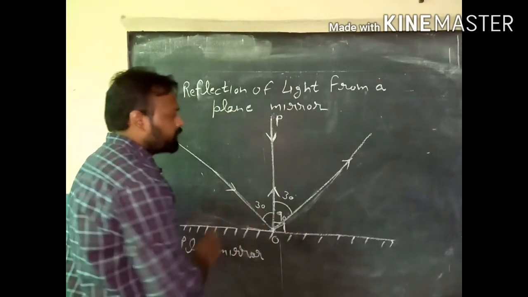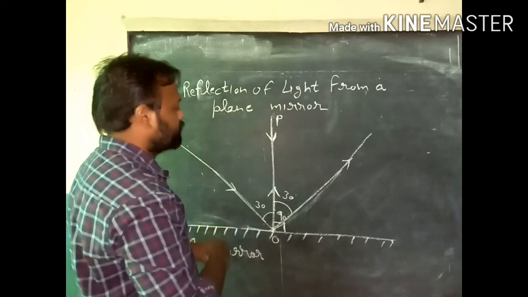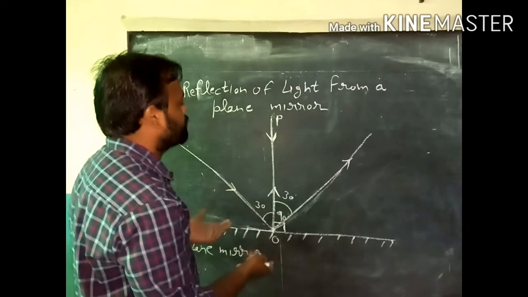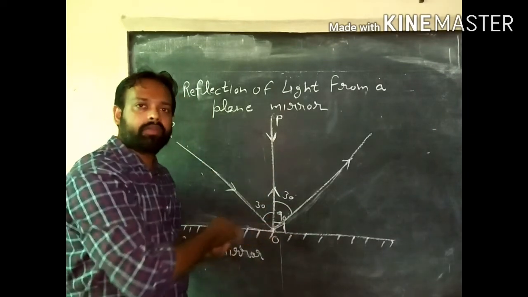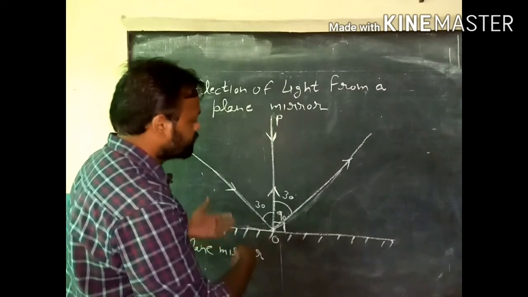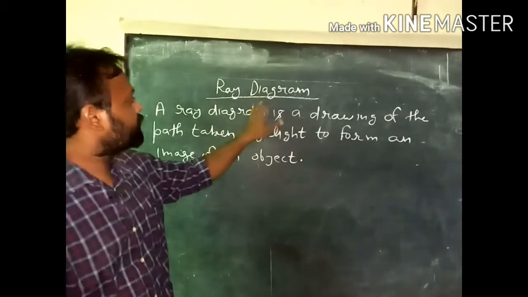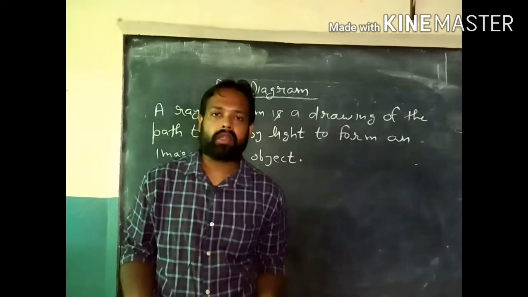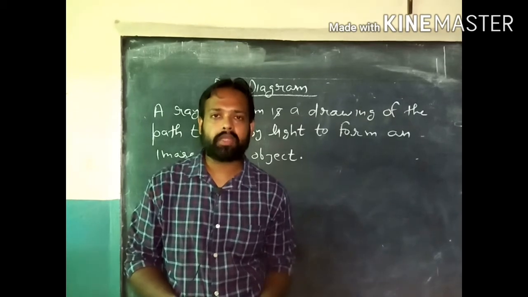So this is the law of reflection, or this is the reflection of light. So I have explained how reflection takes place in the case of a plane mirror, means when light rays fall on the plane mirror, how the reflection takes place. So okay, now I am going to explain the next topic, that is ray diagram. I just explained the concept of reflection of light in the case of plane mirror.